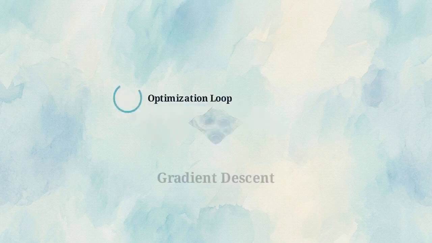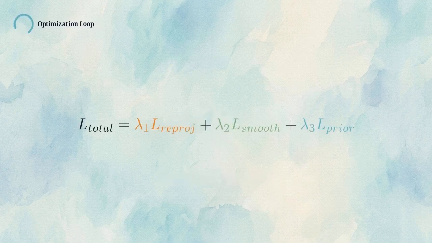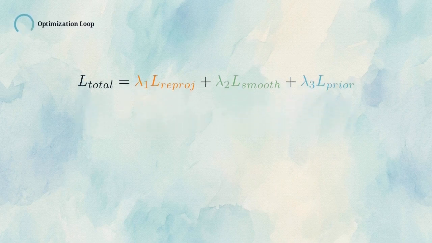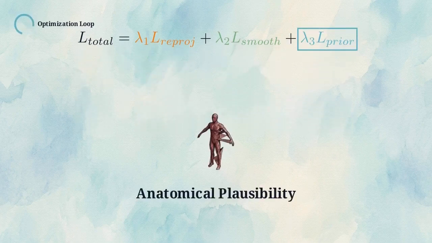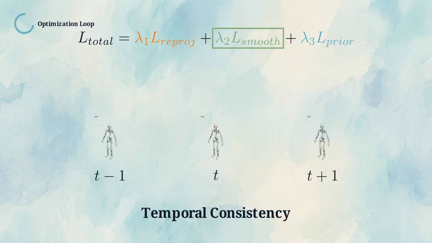With the VAE established, Stage 2 enters an iterative optimization loop. The VAE's internal weights are frozen, and the system executes a gradient descent to finalize the pose. This loop relies on an objective function with 3 constraints. Prior loss pulls the distorted mesh toward a biomechanically valid state. Reprojection loss aligns projected 3D joints with 2D keypoints. Smoothness loss penalizes erratic jitter by measuring joint acceleration across adjacent frames.